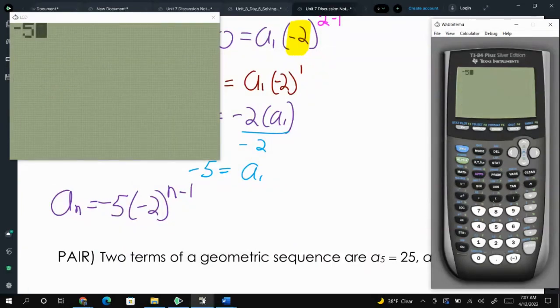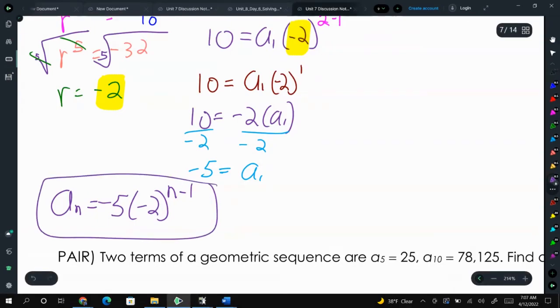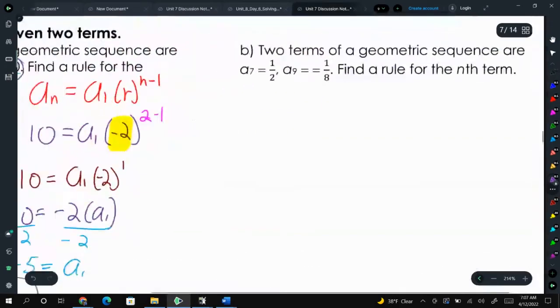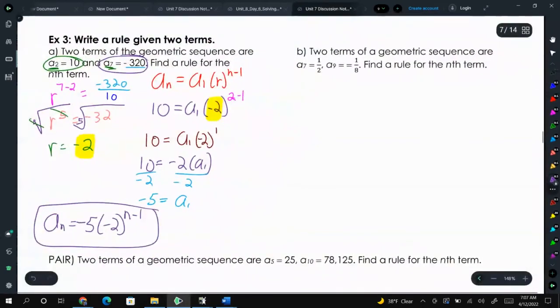So negative 5 times parentheses negative 2 raised to the 7 minus 1 power, and we get negative 320. That makes me confident that this is correct. In case you need to look at the whole problem and all the work, there it is.